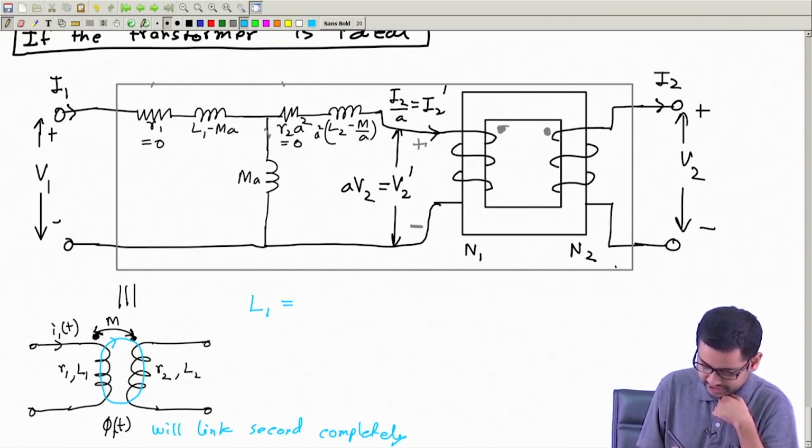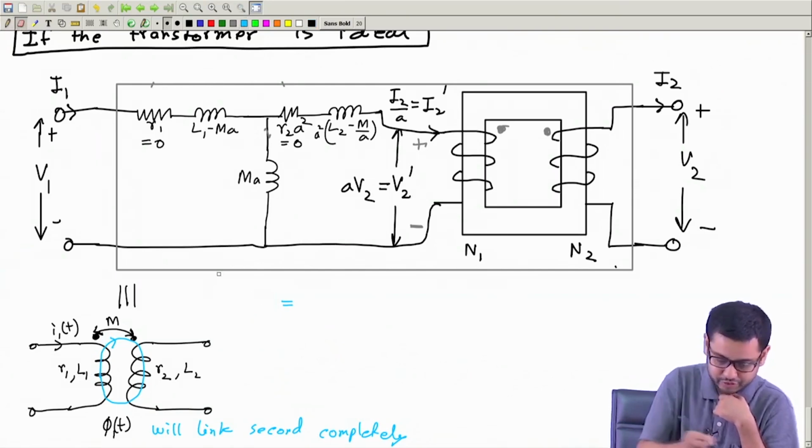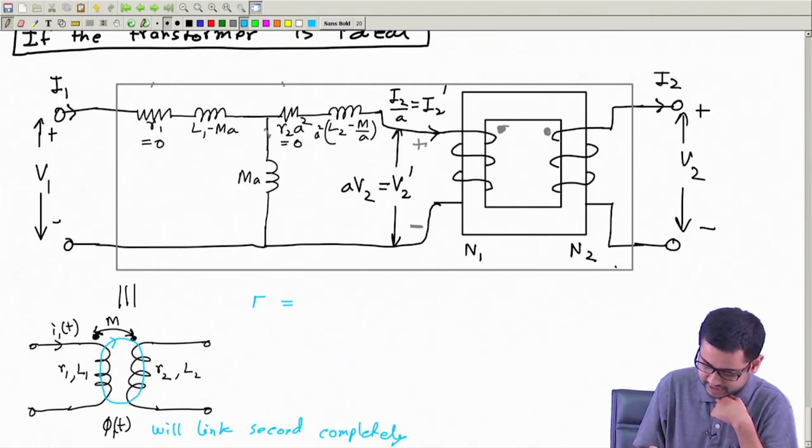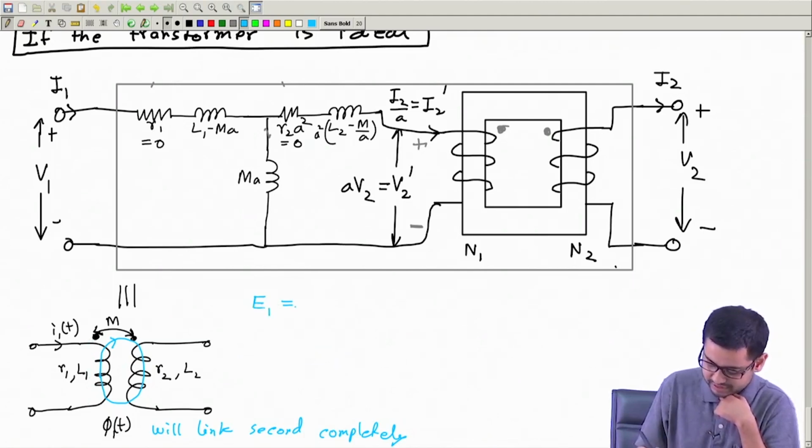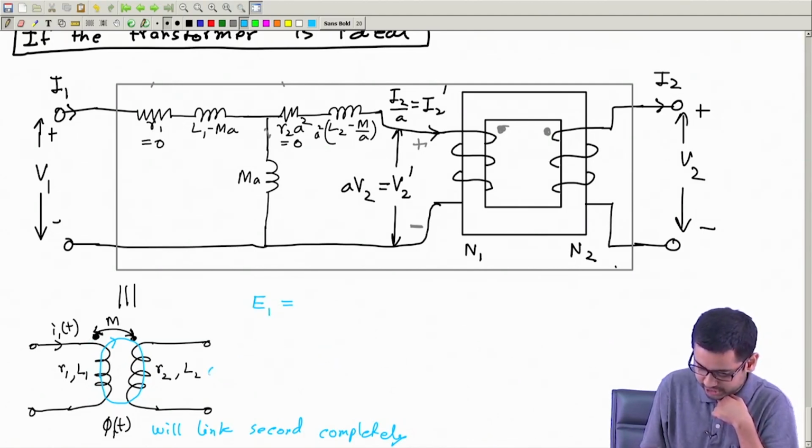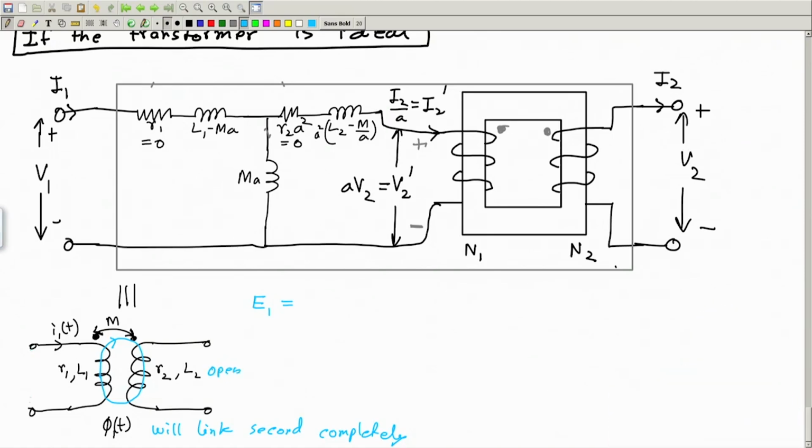this is the EMF. So we can write EMF induced across the first one as E1. So assume this side is open and this side is excited. Okay, so E1 is the self-induced EMF, not the resistive drop.